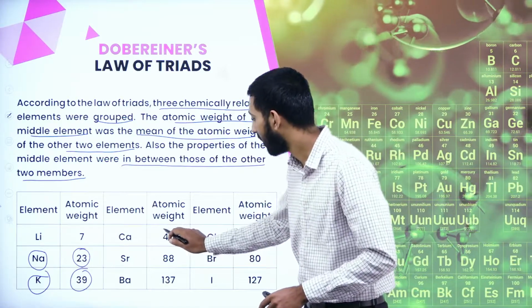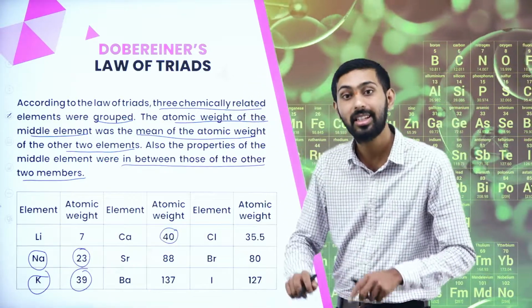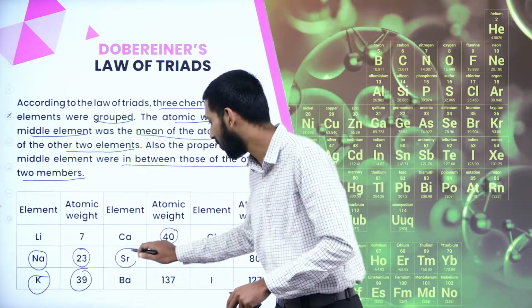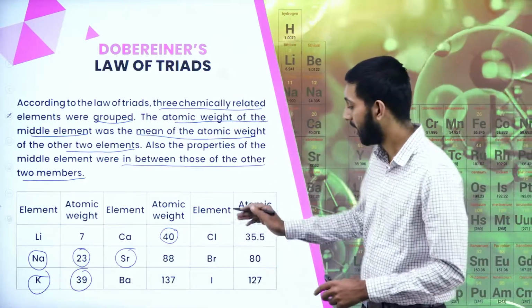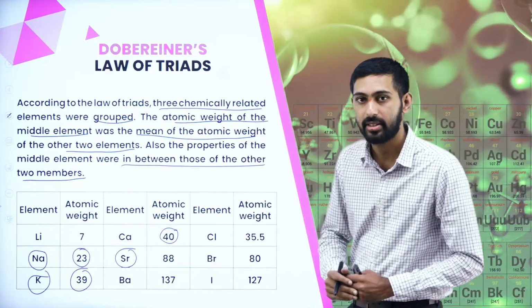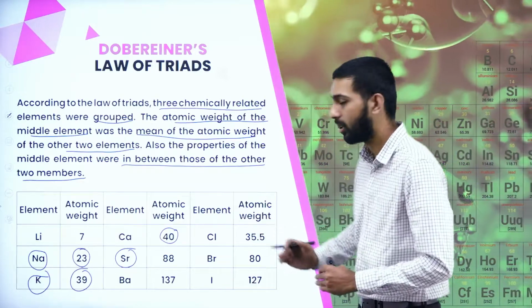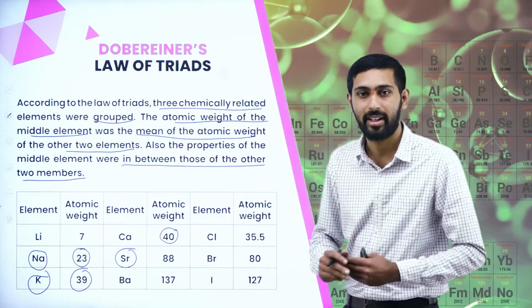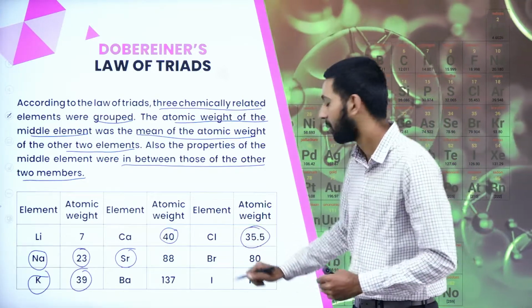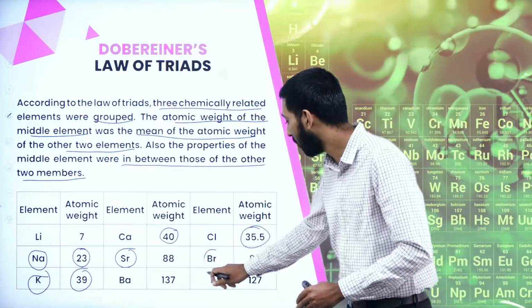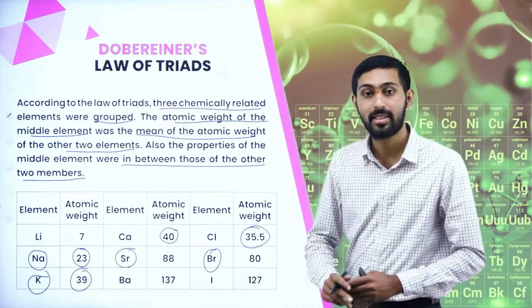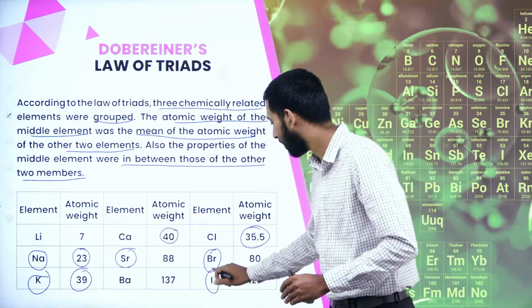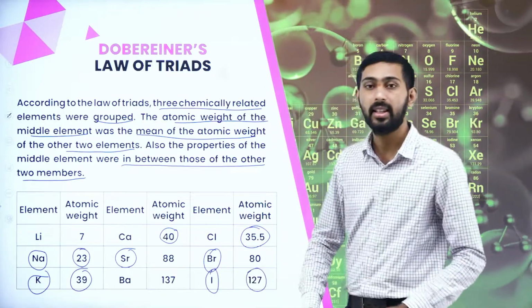Calcium, its atomic weight is 40, atomic number is 20. Strontium, its atomic weight is 88 and barium's atomic weight is 137. And chlorine, atomic number is 17, atomic weight is 35.5. And bromine, its atomic weight is 80 and iodine, its atomic weight is 127.